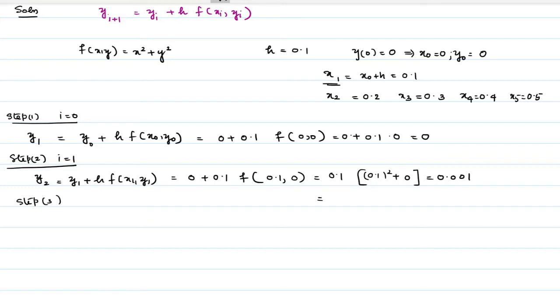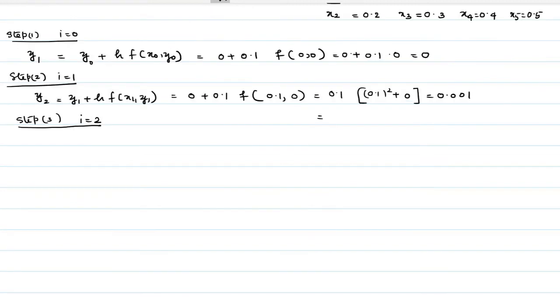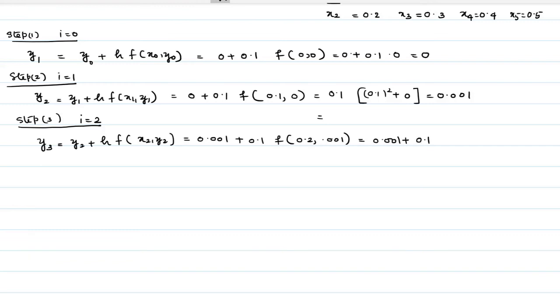Then we will move on to step 3. We make i equal to 2. For that, y3 is equal to y2 plus h into f of x2 y2, right? What is y2? y2 we have calculated as 0.001, plus 0.1 into f of x2 is 0.2 comma y2, y2 is 0.001, which is equal to 0.001 plus 0.1.